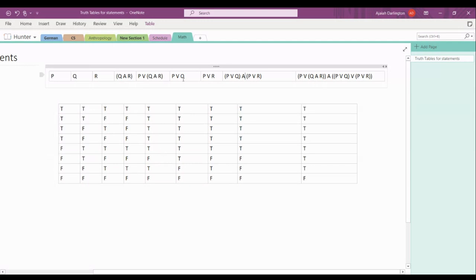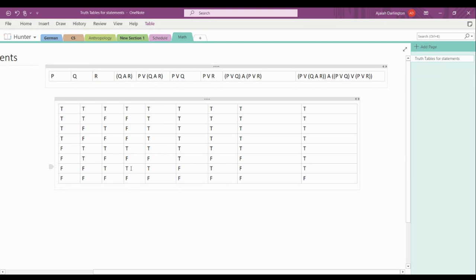So if the fifth column and the eighth column are exactly the same, that means we proved it. So the first five rows are the same. Six rows are the same. Last row is the same. Only the second to the last is different. Let's check this. So P or Q and R. Q and R is true.